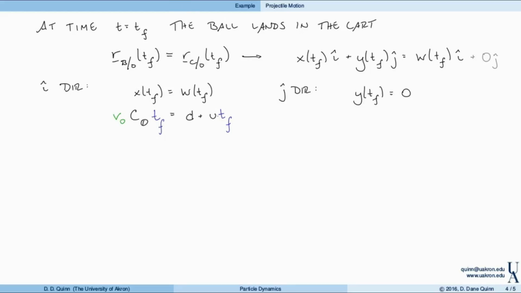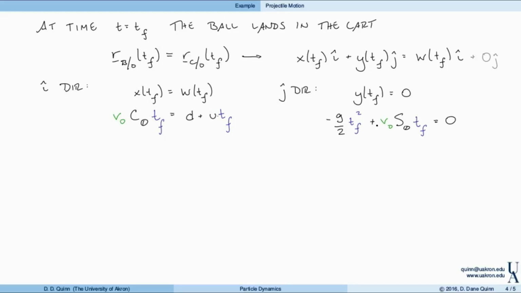Again, looking back at the equations for the motion, this is minus g over 2 times t final squared plus v naught sine of theta times t final, which equals 0.